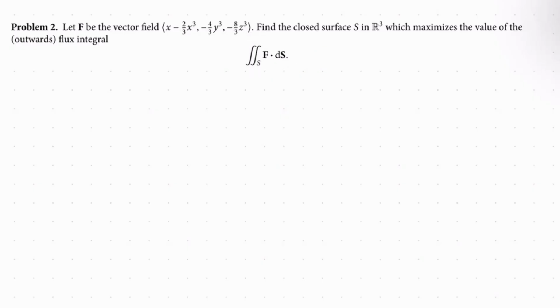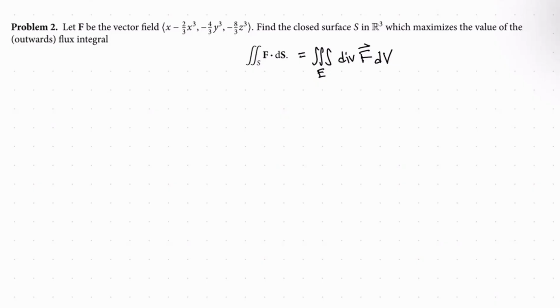One that jumps out at me is the divergence theorem, which states that the surface integral over F is equivalent to the triple integral of the divergence of F over a solid E. So we don't really know what E is yet, but knowing E can help us find S. So let's try and see what we can find.